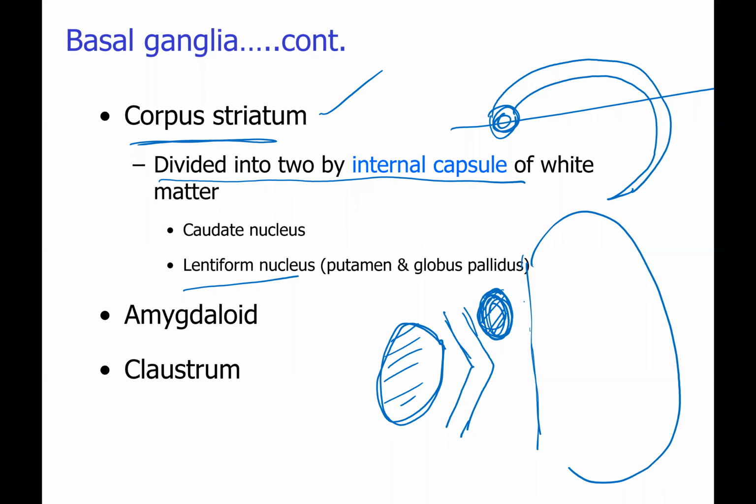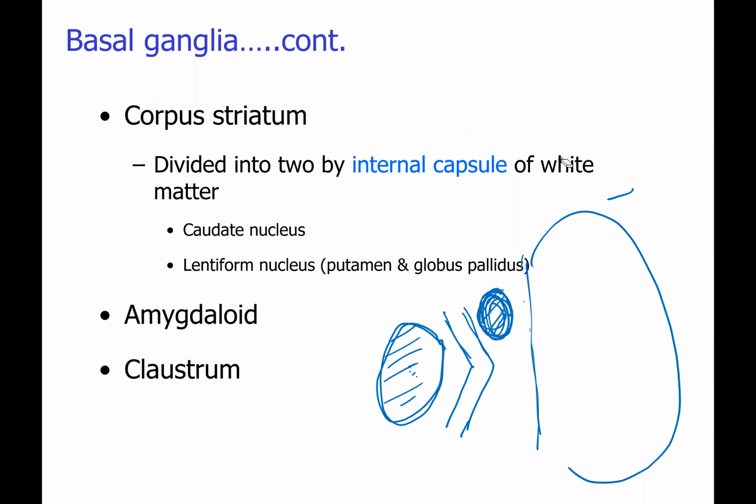It's true, no? The internal capsule divides it into two. Now you might wonder why they are put together, because there are two structures on either side of the internal capsule. Because they function together. Later, when you learn physiology and pharmacology in your third year, you will see there are reasons why they are put together rather than taking them separately.